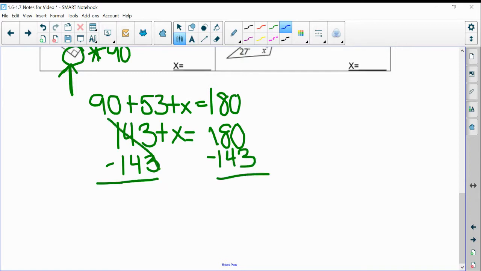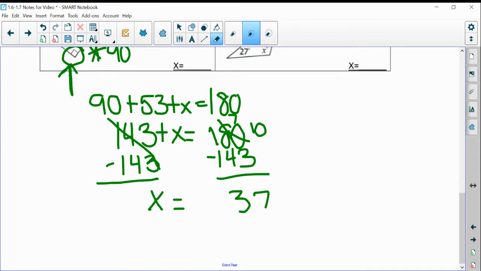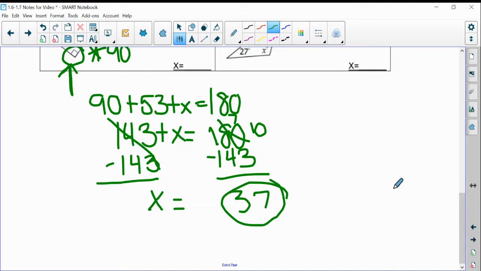This cancels, and then we have x is equal to 37. X is equal to 37.